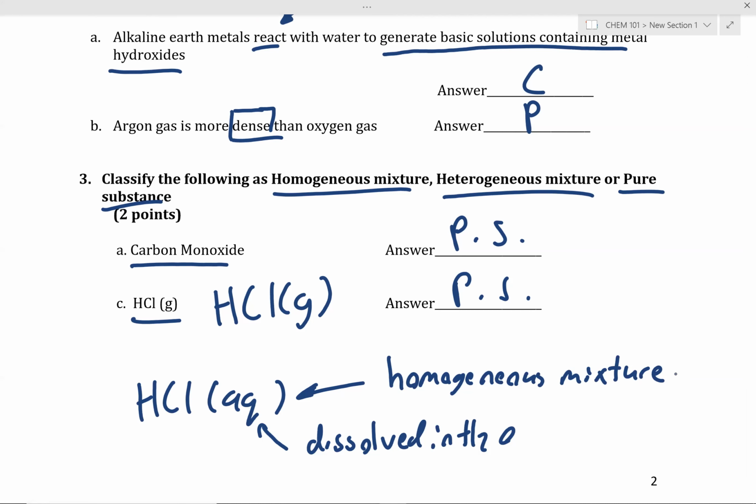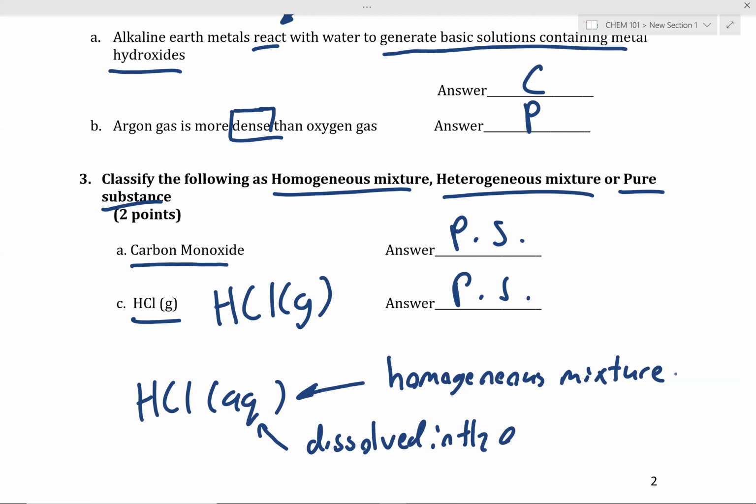Another way to think about it is anytime you see only one compound or element, and the state symbol is not aqueous, implying it's dissolved in water, then it's going to be a pure element or compound, and as such, it would be a pure substance. Okay, that makes sense.